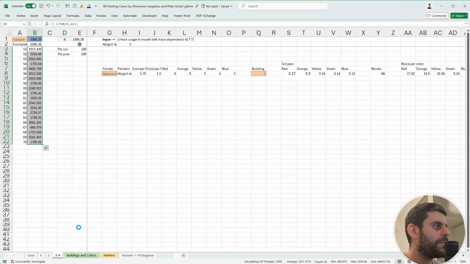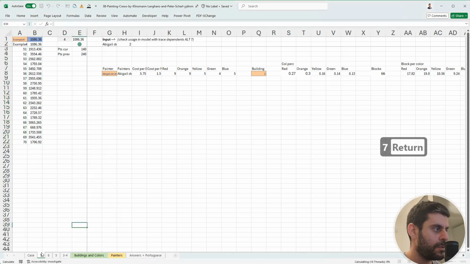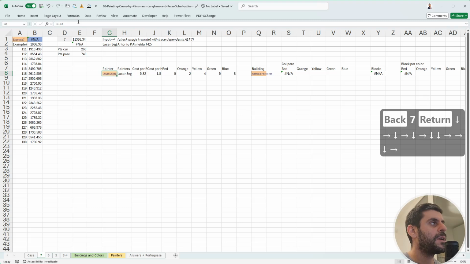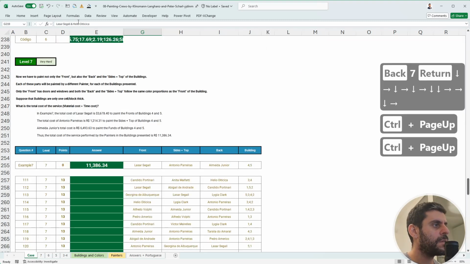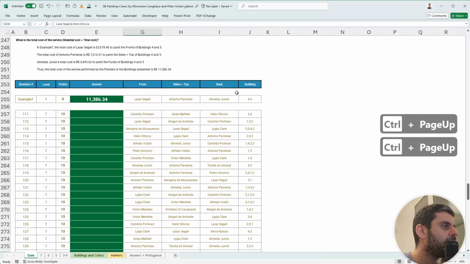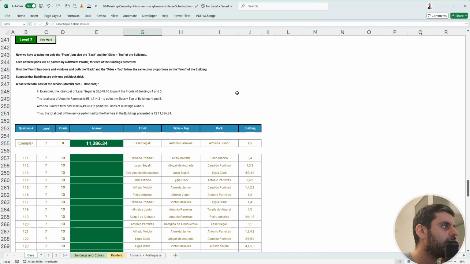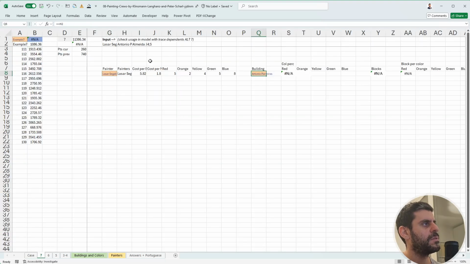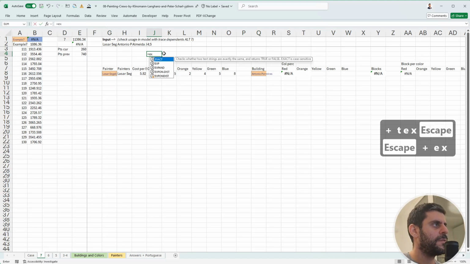Let's create a copy of this. This is example 7. Okay. There's more than one building. Okay. This is tough.